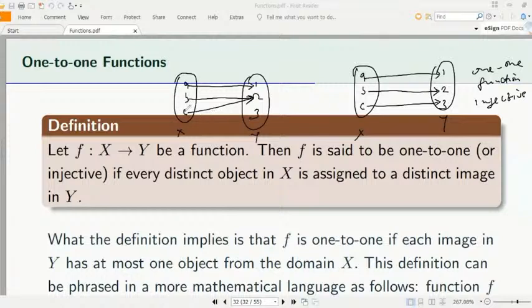Different objects, same image. It does not just mean one object, one image. It also means that if the objects are different, the images must be different for it to be a one-to-one function.